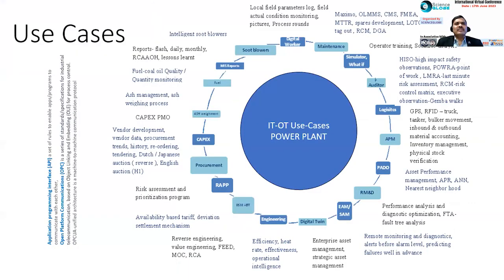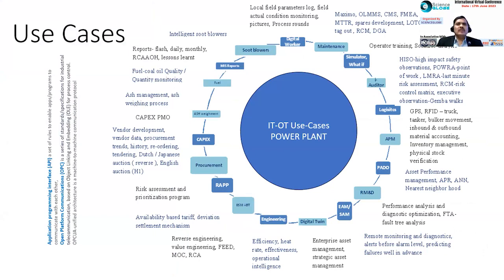A few use cases presently, some examples are here. There are more than 200 odd use cases used in bits and pieces, but nowhere are they being used in a holistic fashion. Sporadic use is there here and there.